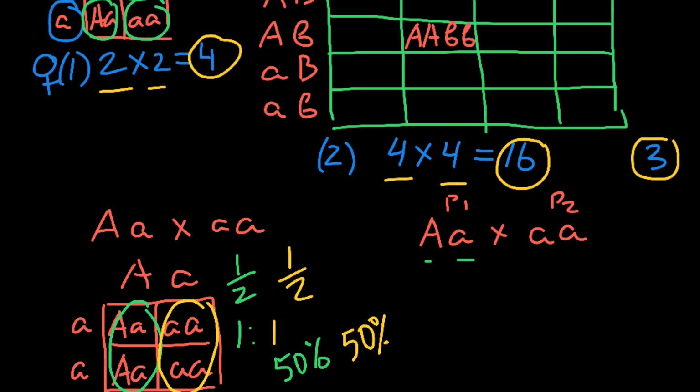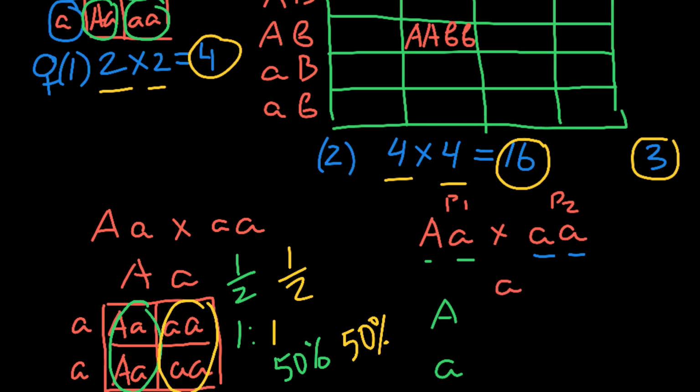But parent 2 can only produce one type of allele. So we can make a Punnett square that is going to be slightly different. So parent 1 has two variants of the alleles, and parent 2 has only one type of allele, that is recessive allele a.